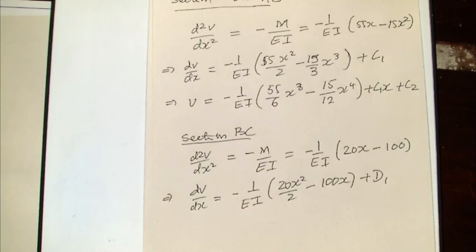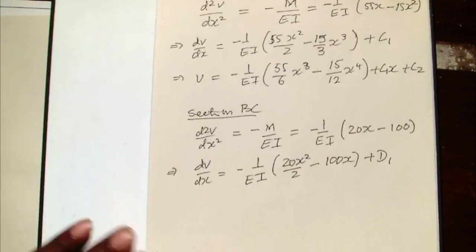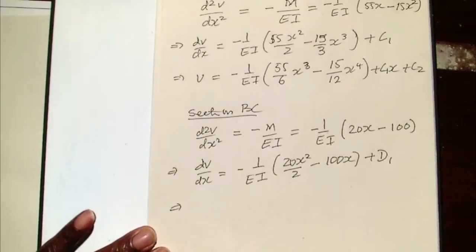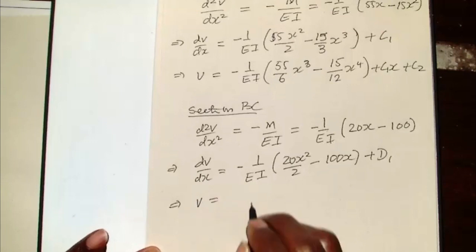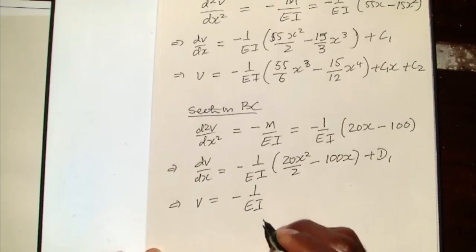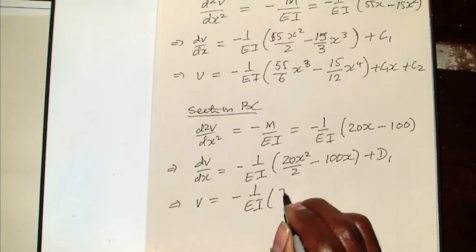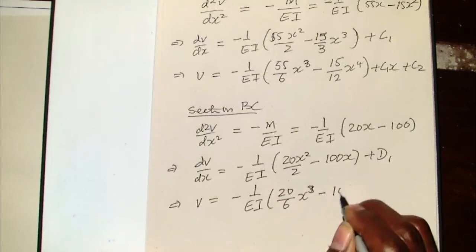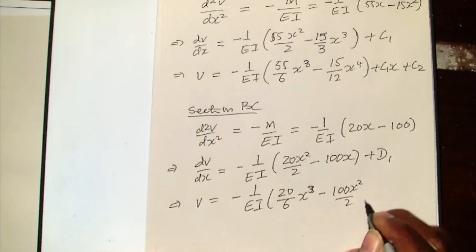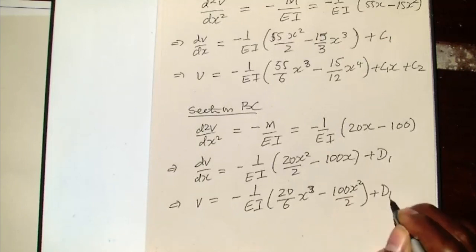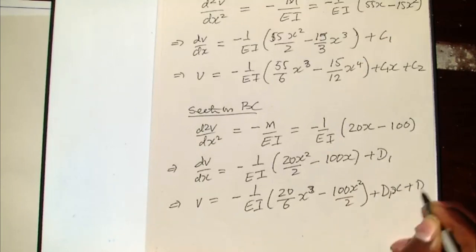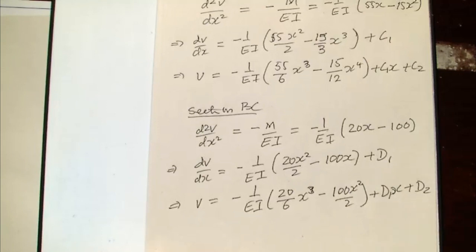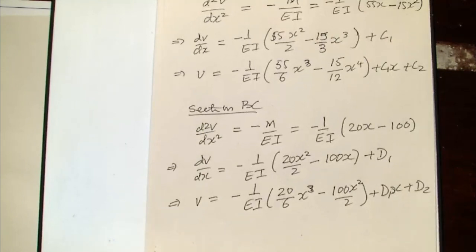And the second time, v equals minus 1 over EI times 20 over 6 x cubed minus 100 x squared over 2 plus D1 x plus D2. So we have four unknowns.